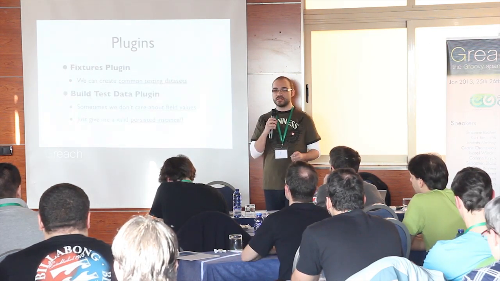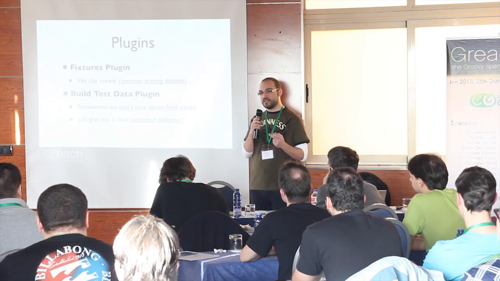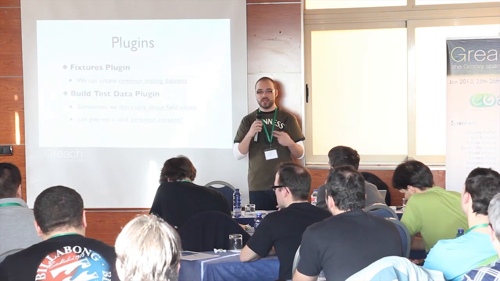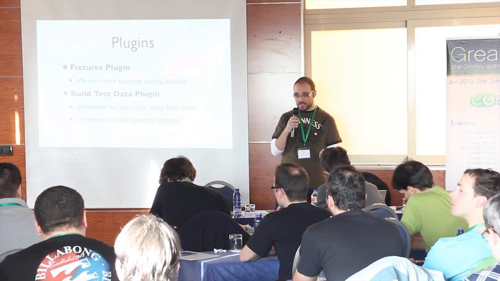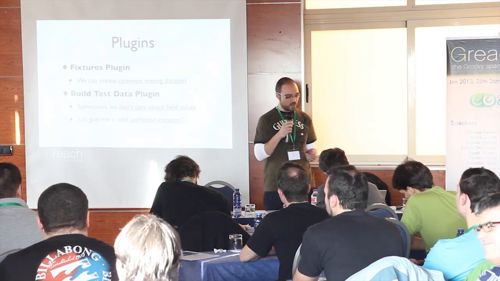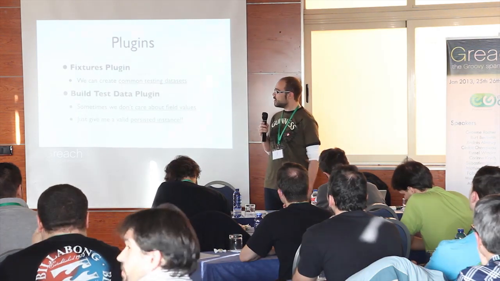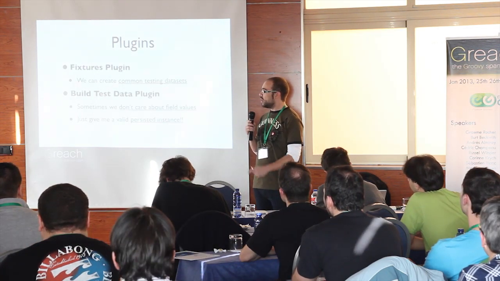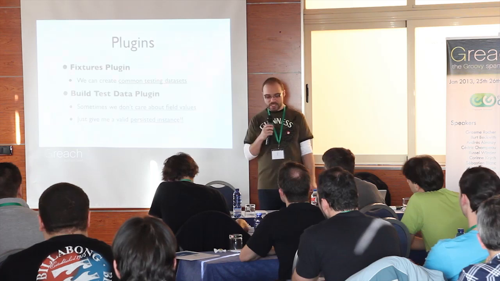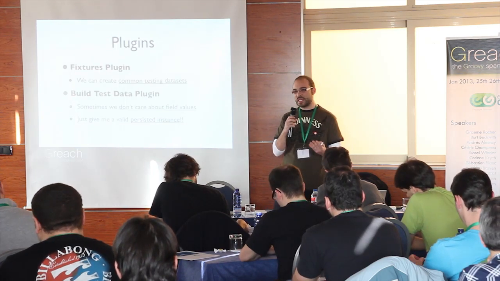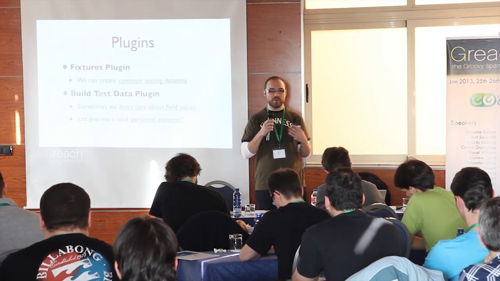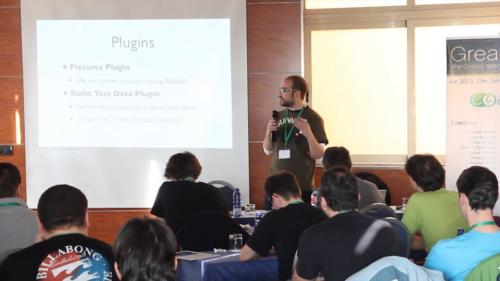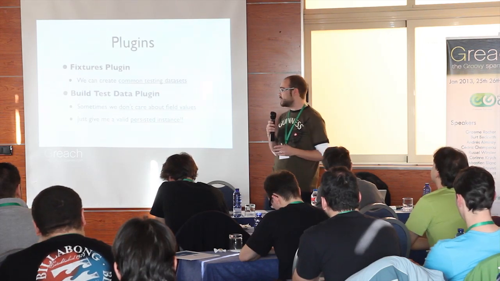Doing integration tests is especially about doing persistence, and most of the time in our Grails application we are doing integration tests for testing the persistence layer. So for me it has been very useful to use the Fixtures plugin and the build test data plugin. The first one is more for trying to create common data sets instead of repeating over and over again the same lines of code, trying to build an object and then persist it in the database.